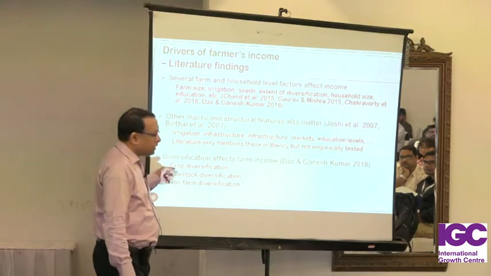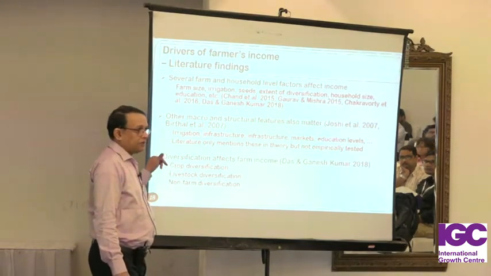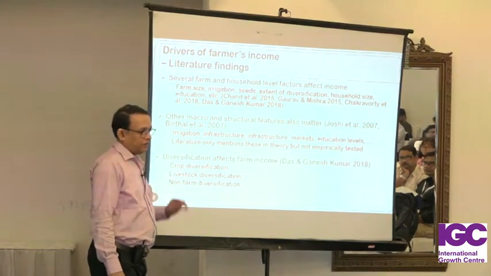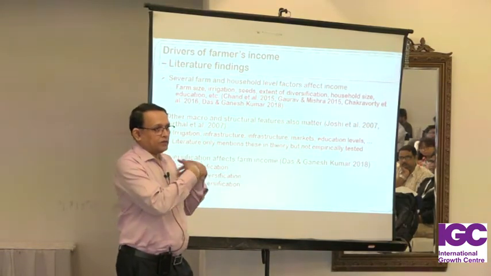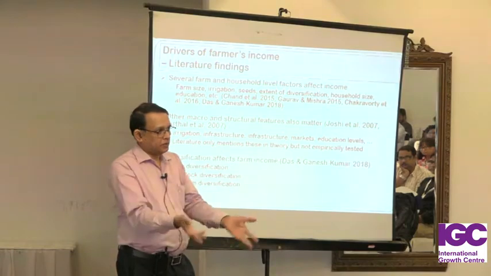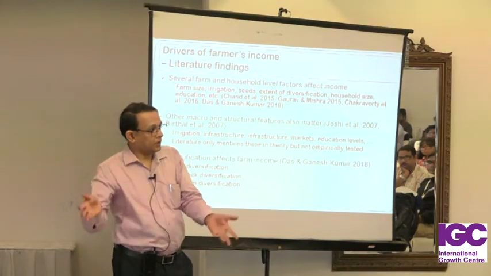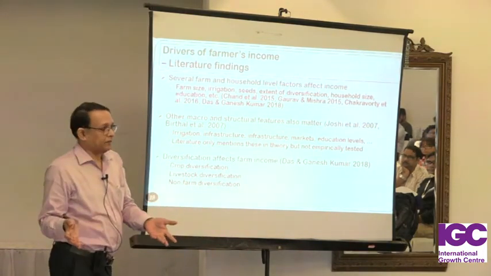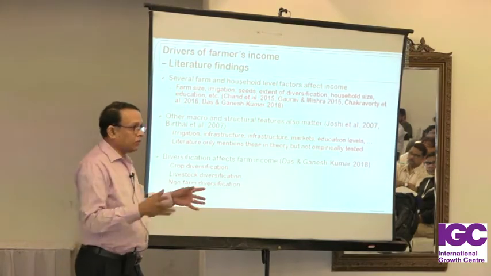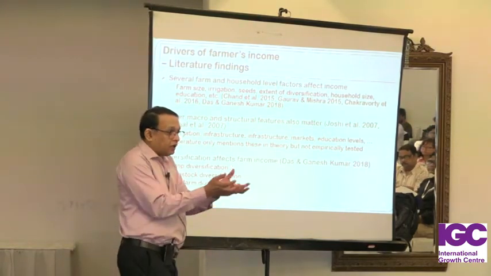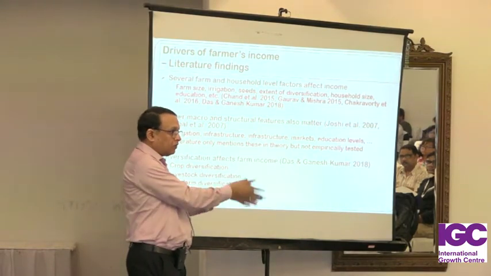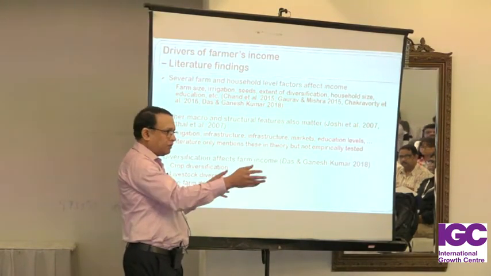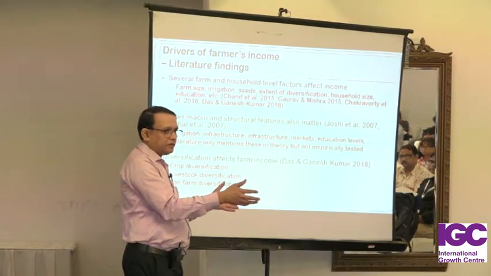Here one can distinguish in terms of crop diversification, livestock and non-farm. So whether the household has a mix of crops, a mix of animal products, and whether they are also into non-farm activities. That's the diversification at the household level that you can talk about. There are some households that are only in agriculture, but they may be reasonably well diversified within agriculture.